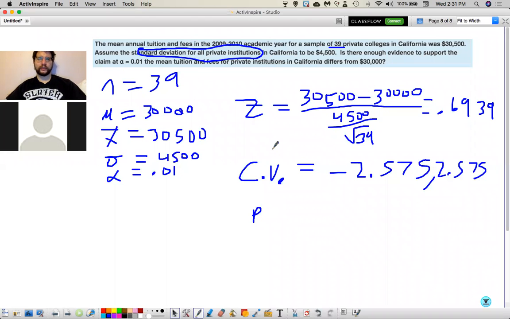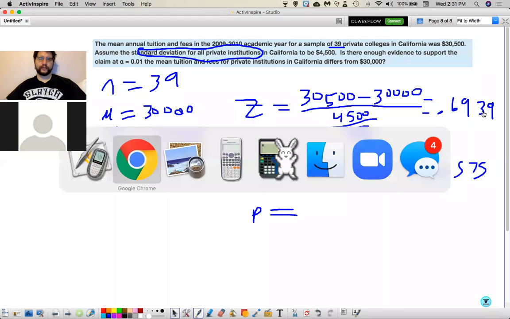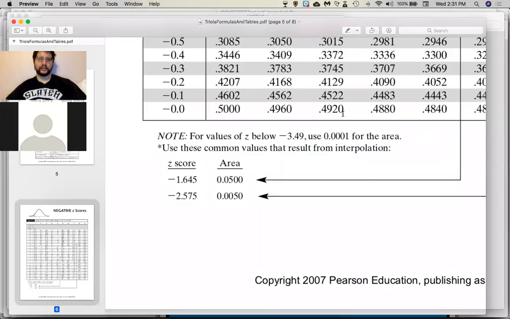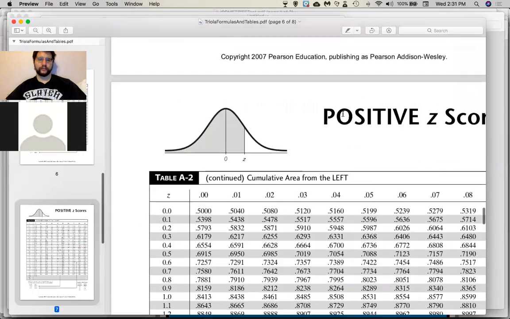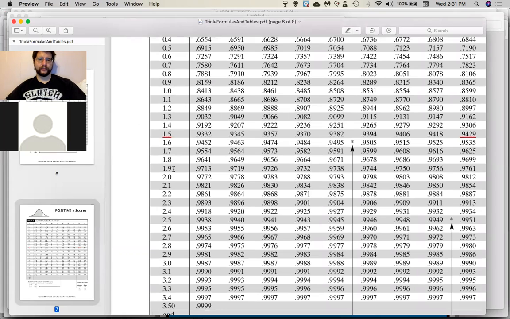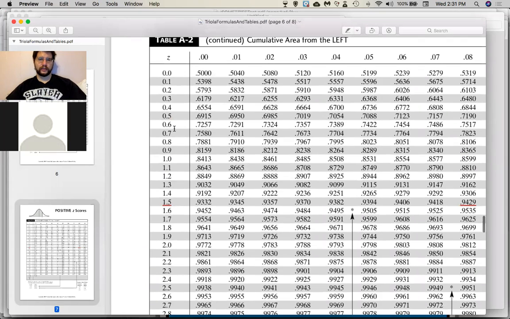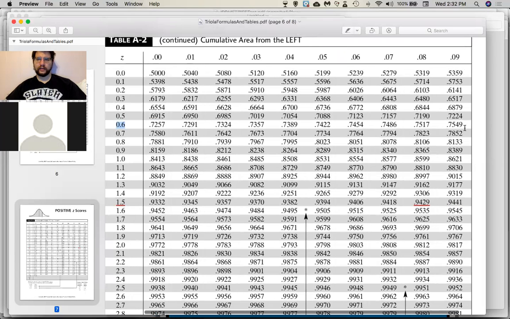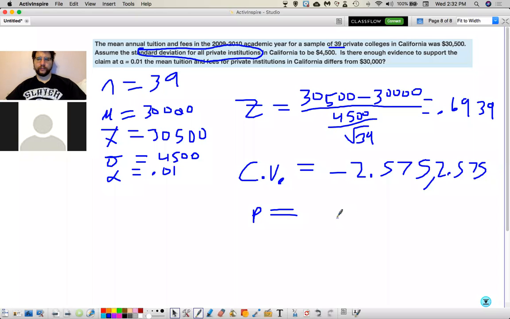Or for the p-value, it's a two-tail, so use that little flow chart. Positive, so it's to the right of the center. Find the area to the right of the test statistic and double it. So I'm going to look up 0.69 inside the chart here. The area to the left is 0.7549.